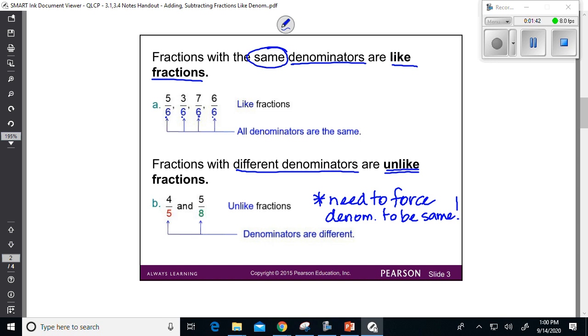So those you would need to attack by force, which we'll do on Wednesday. So today we're just focusing on adding and subtracting when the denominators are the same. That's our primary focus today.